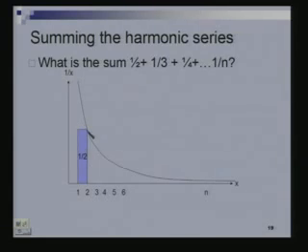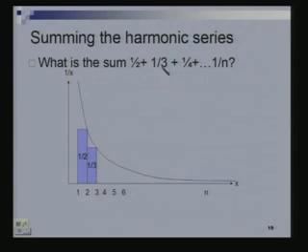What is the height of this rectangle? 1/2. What is the width of this rectangle? 1. So what is its area? 1/2, half. This one will be 1/3, because I have drawn a line here at 3.